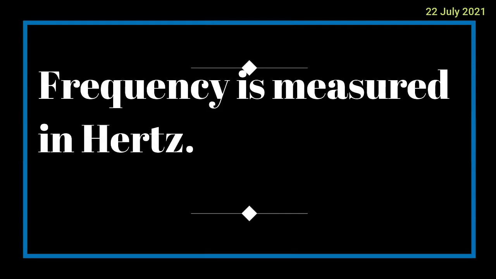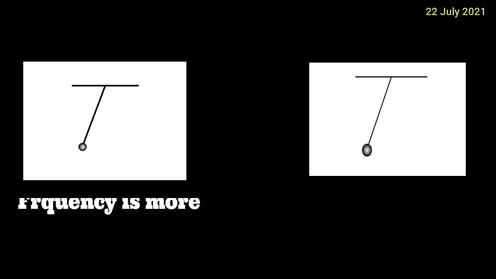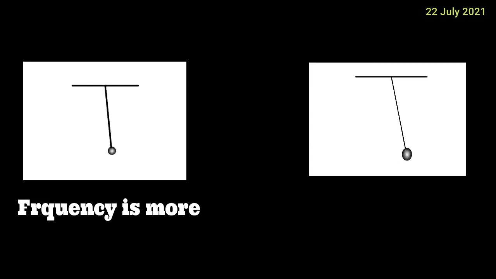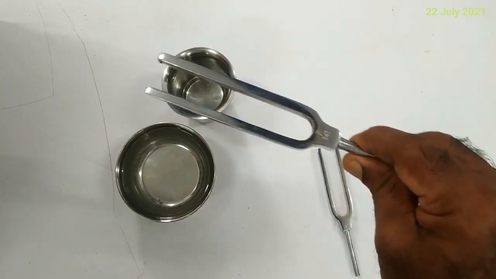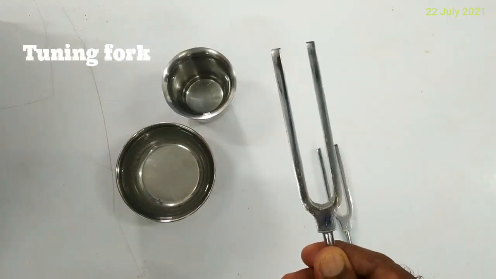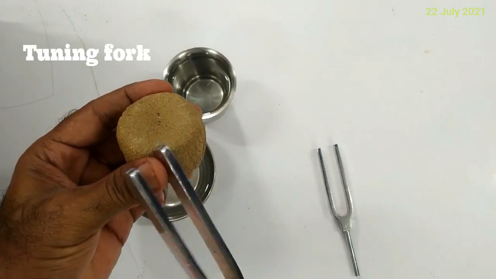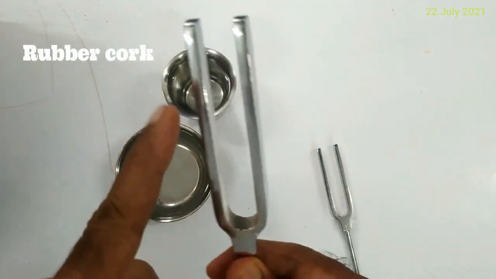Some objects or a medium vibrates faster, and then we say frequency of that medium is more, and some vibrates less. Shall we have a demonstration now? What I am holding in my hand is called tuning fork, and in the other hand I have a rubber cork.